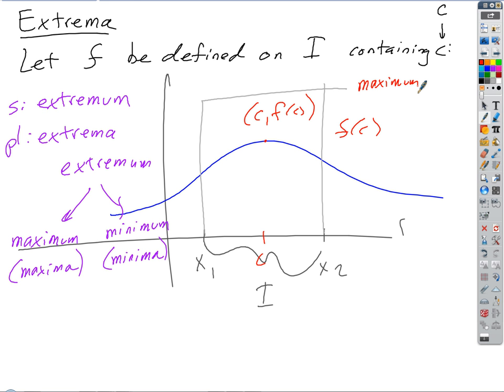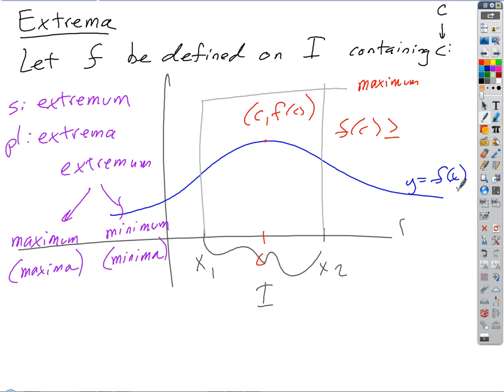We have a maximum at c, f of c at that point, if f of c is what? What does it have to be? Say that mathematically. Greater than everything, or equal to, it could be. Greater than or equal to the biggest y value. But how do we say a y value for a function? Here's the function y equals f of x.